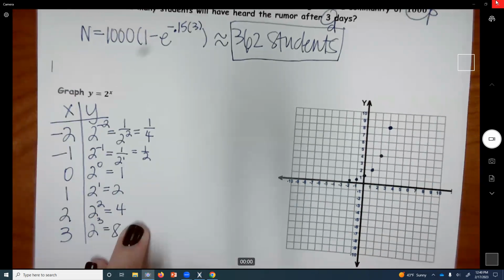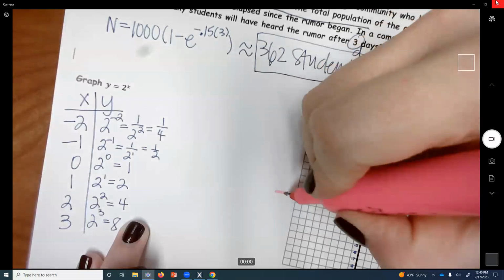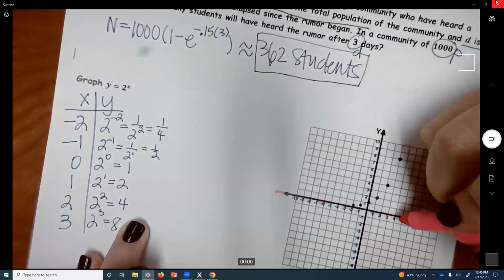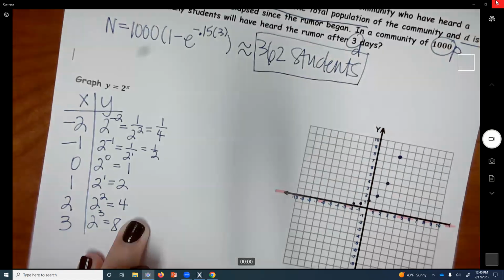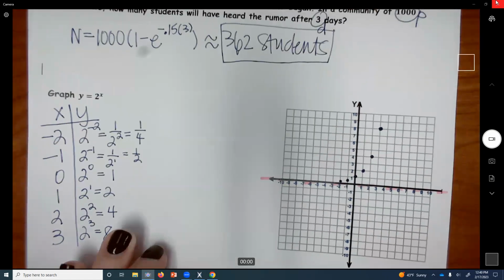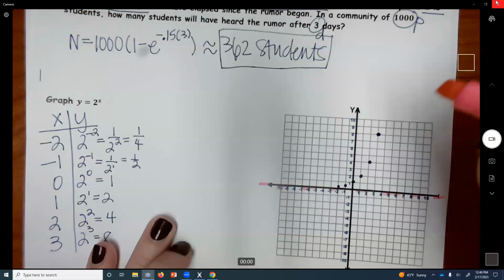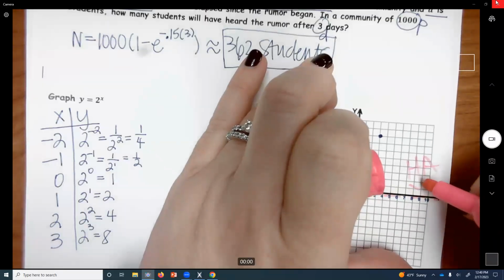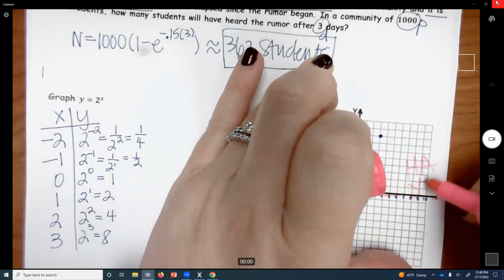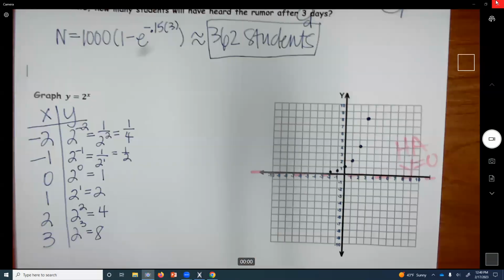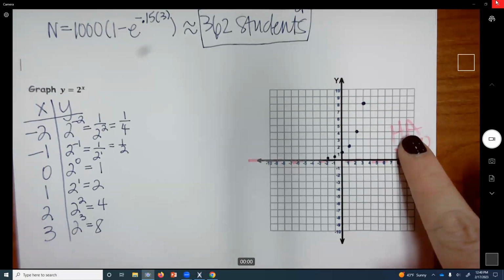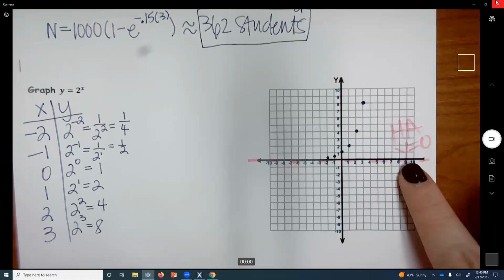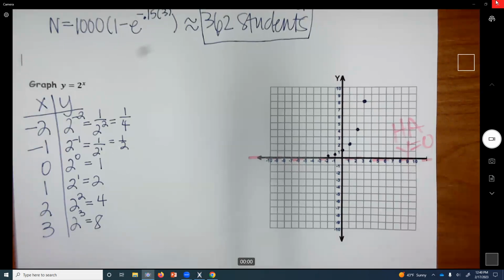So right here, I have a horizontal asymptote at y equals 0. So it's HA, a horizontal asymptote at y equals 0.